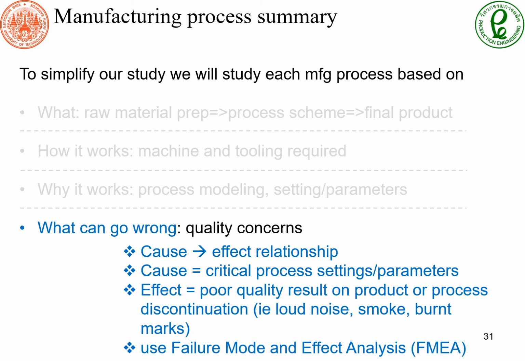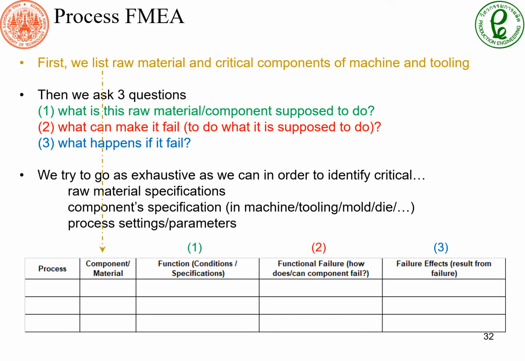As engineers, we need to understand the cause and effect relationship. In this class, we will specifically use a tool called failure mode and effect analysis, or FMEA. To do FMEA, we start with a picture or diagram of the process. We list the raw material and each critical component of the tooling and machine tool.